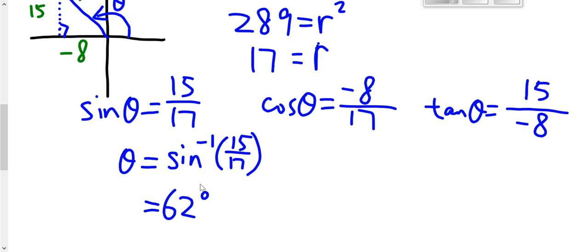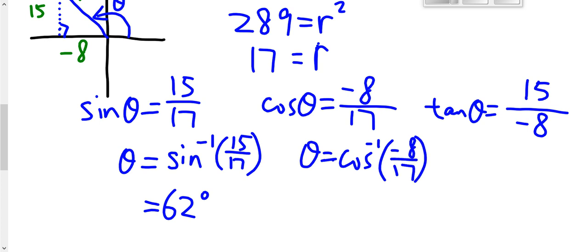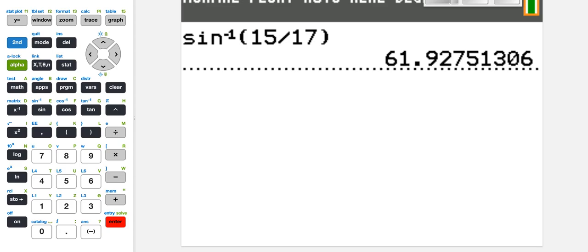Okay, so let's do this one here. How do I use this trig ratio cos to find the angle? So you do the inverse of cos, in this case, -8 over 17. Let's do it on your graphing calculator.